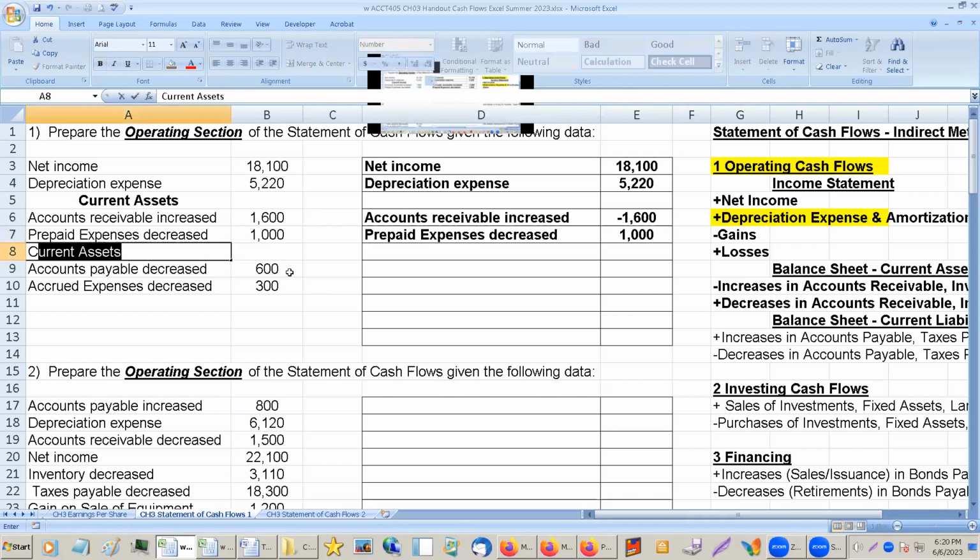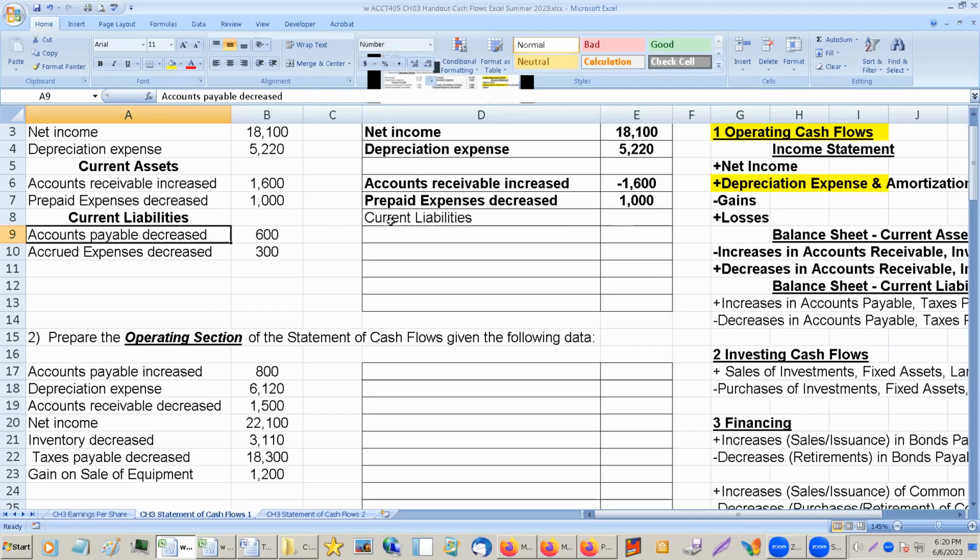Okay, down here, these are current liabilities. Now, liabilities, you'll notice that they go in the same direction as cash.